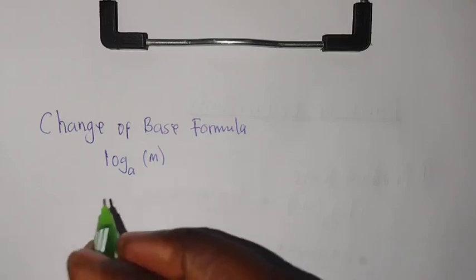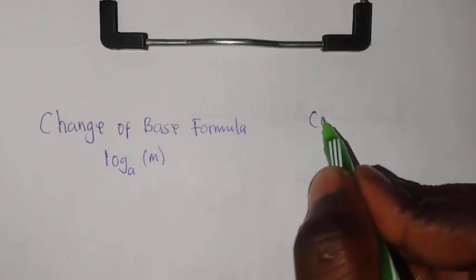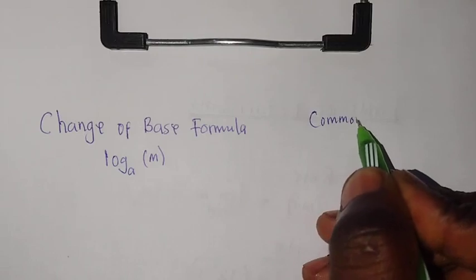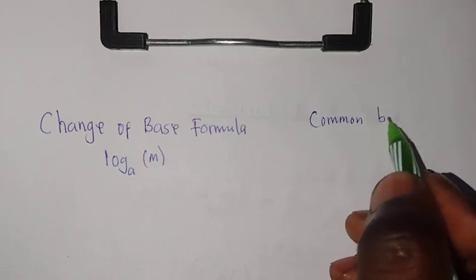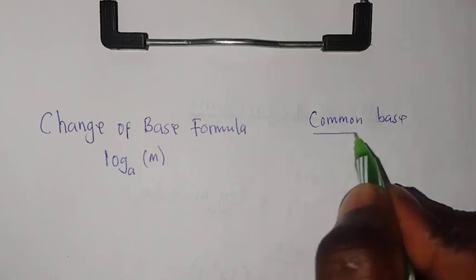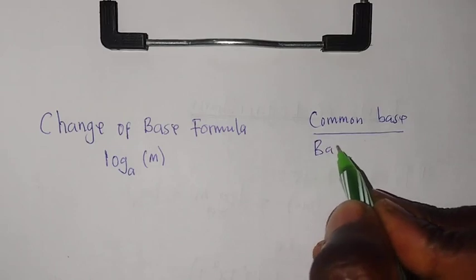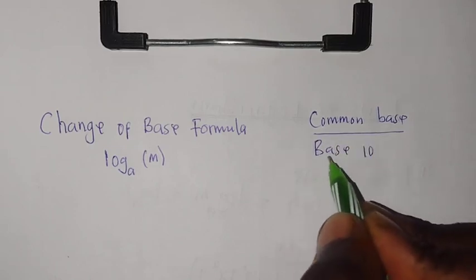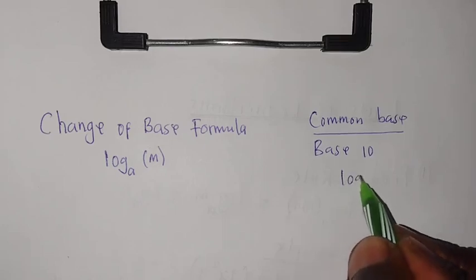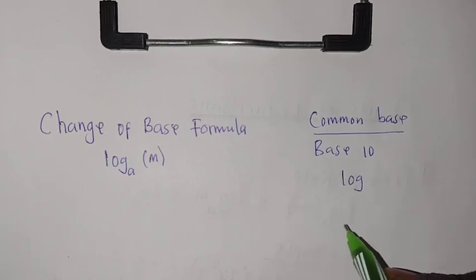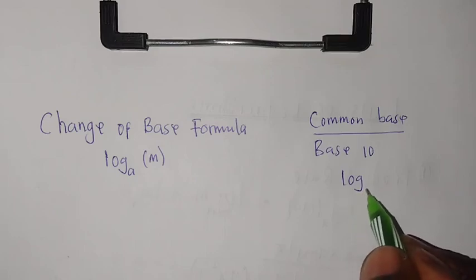First of all, you must know that we have what we call a common base. This common base is base 10. So if a log is just written like this, you know that this log is in base 10.